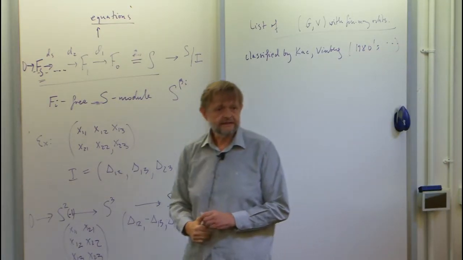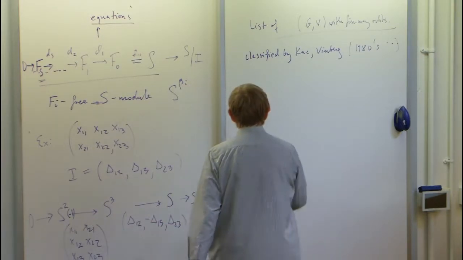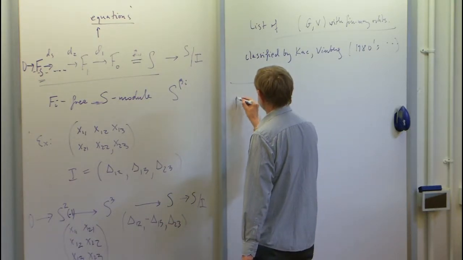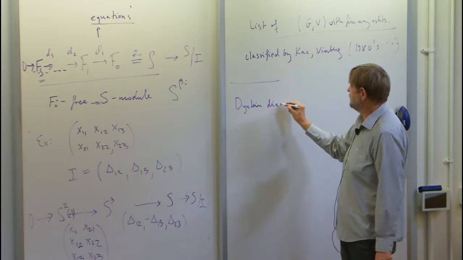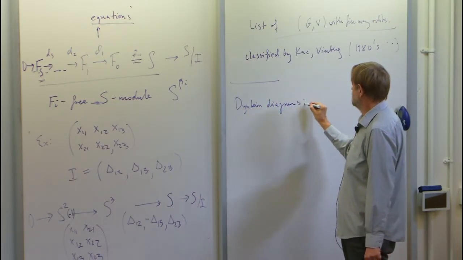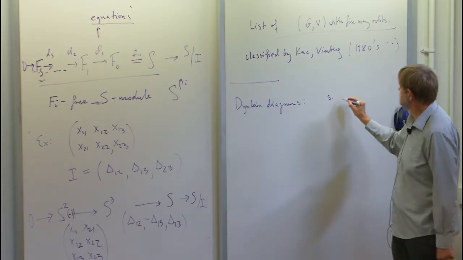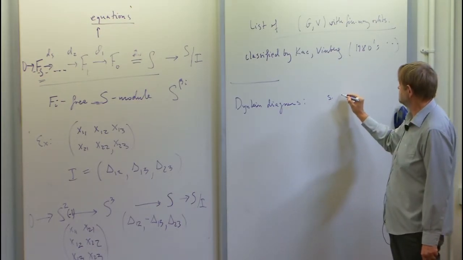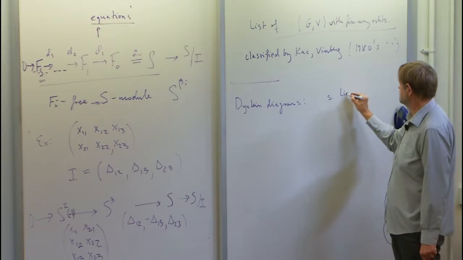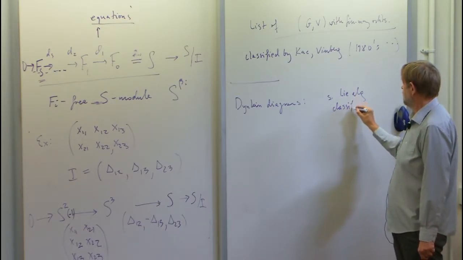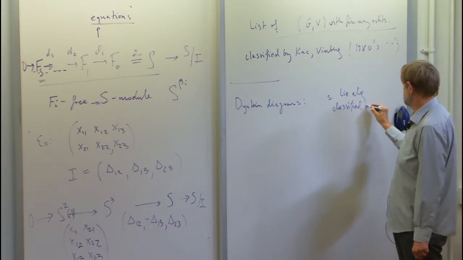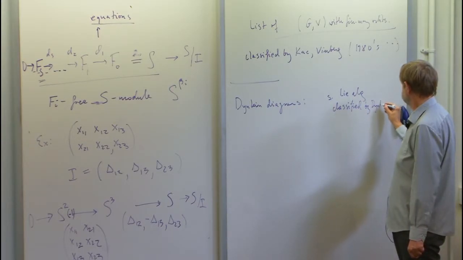So here it is. First of all, let me just recall Dynkin diagrams. We know that simple Lie algebras are classified by root systems, also by Dynkin diagrams.